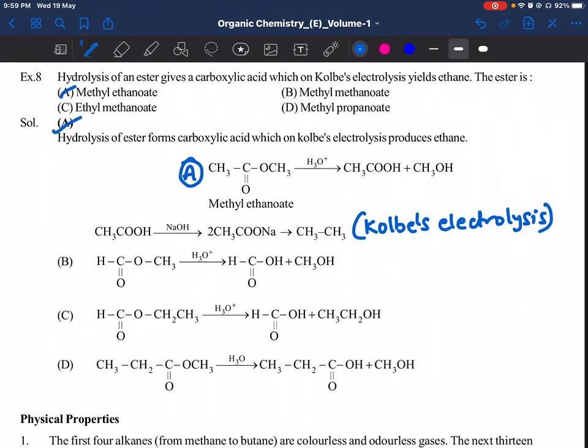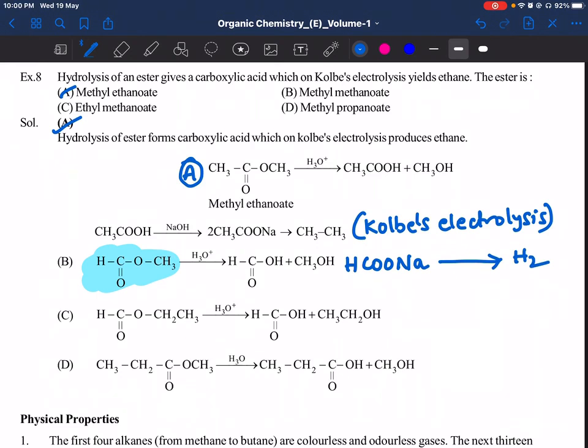We'll see the remaining ones also. Methyl methanoate. In this case, methyl methanoate on hydrolysis gives formic acid and methyl alcohol. That formic acid, when it reacts with base, gives sodium formate, and on Kolbe's electrolysis gives hydrogen gas.